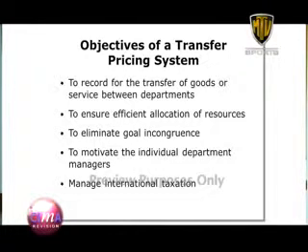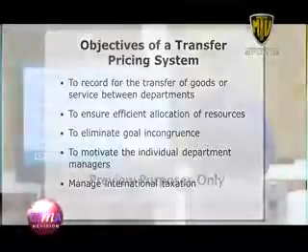If you focus on the slide, the primary purpose is to record the transfer of goods or services between departments, divisions, or companies in a group, to ensure efficient allocation of resources, eliminate goal incongruence, motivate individual departmental managers, and manage international taxation.